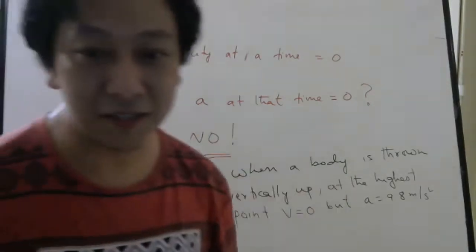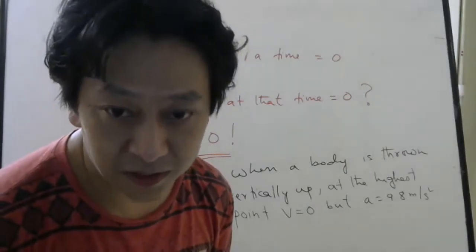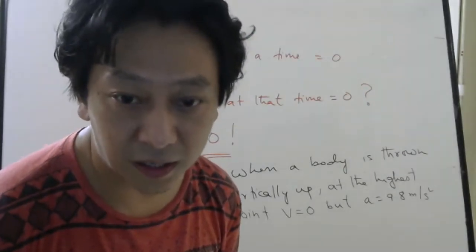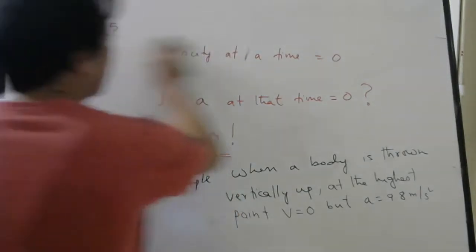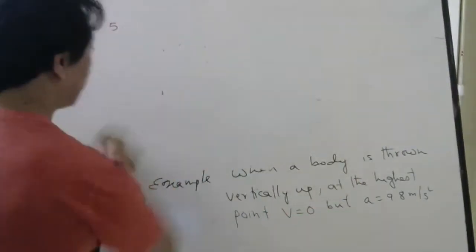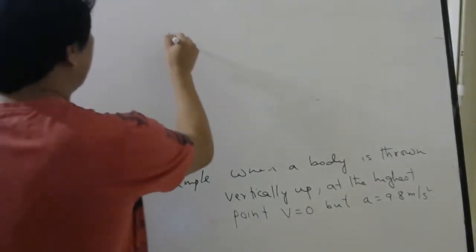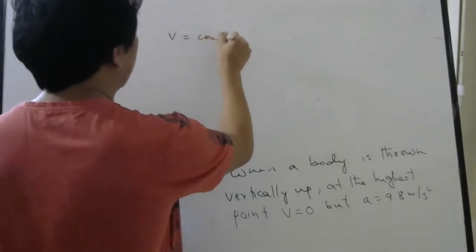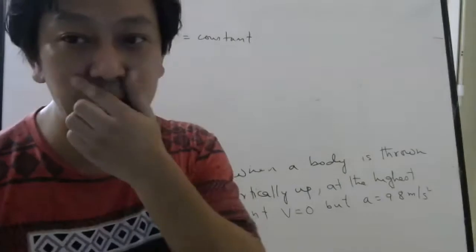So velocity is higher. V constant means A is 0, but for V is 0, what is A, other than acceleration due to gravity? See here. If velocity is constant, what does it mean?